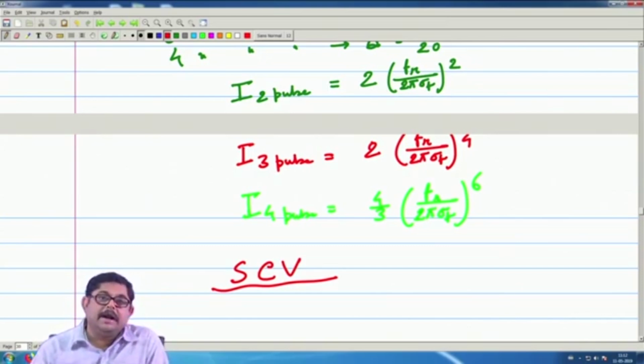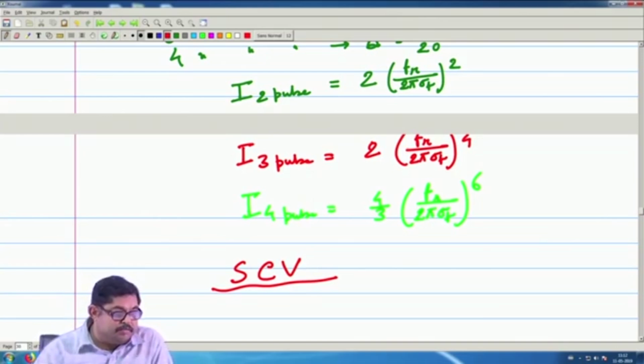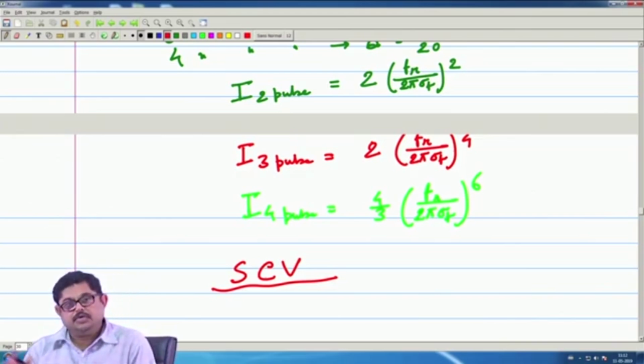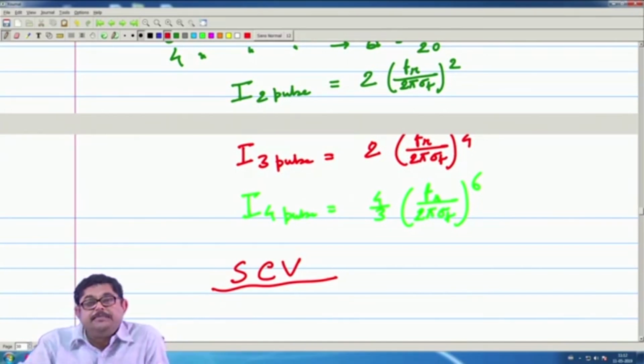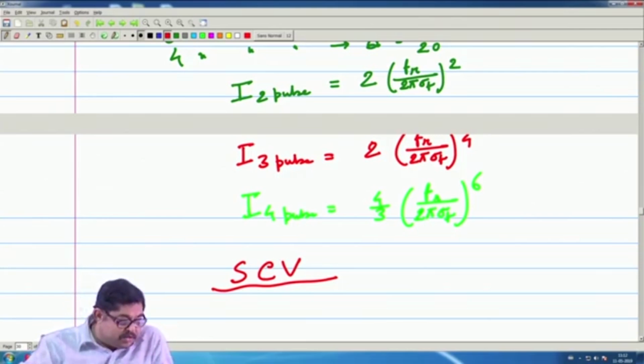So, for example, a radar with 10 dB SCV will be able to detect moving targets whose echoes are 10 times smaller than those of clutter. We have seen that sometimes the RCS of the clutter may be 60-70 dB higher than the RCS of the target. So, subclutter visibility is an indication of whether the radar will be able to detect or not.